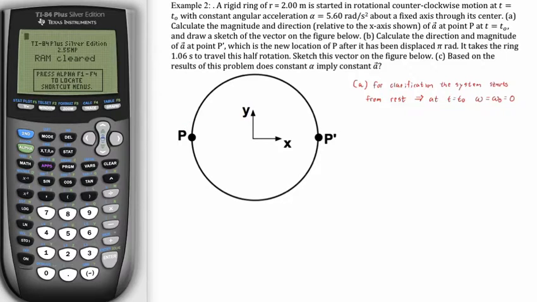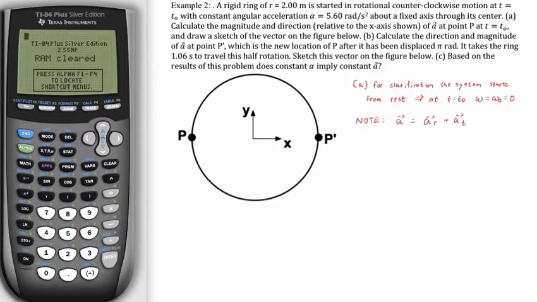Well, no, there is acceleration, because the key thing about translational acceleration is it's got two components. Translational acceleration, as a vector, has a radial component and a tangential component.